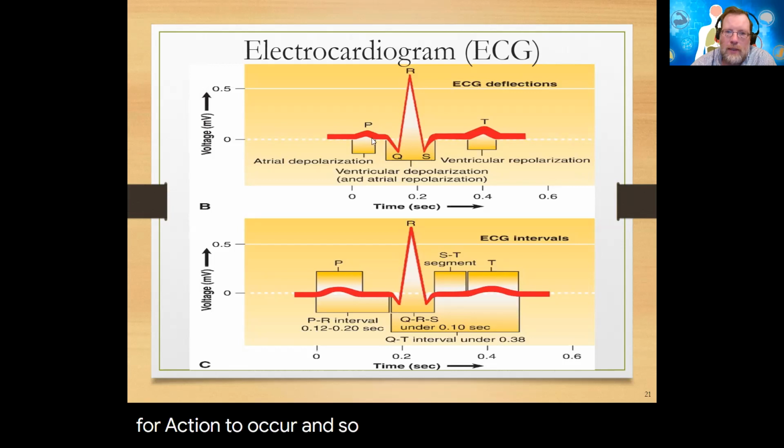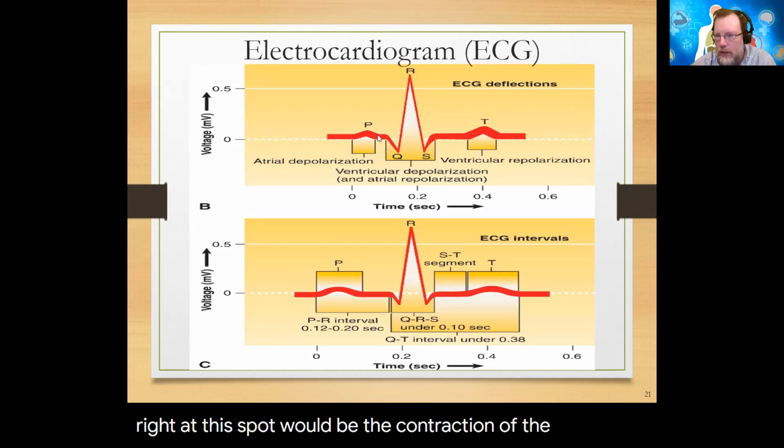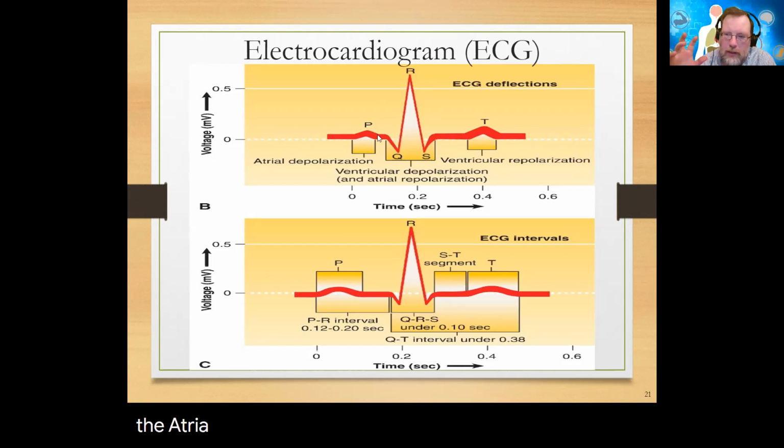And so again, this is measuring the electrical activity. What immediately follows this P wave, so right at this spot, would be the contraction of the atrium. So the atria are going to squeeze and contract blood down into the ventricles. So that's what's going on here.